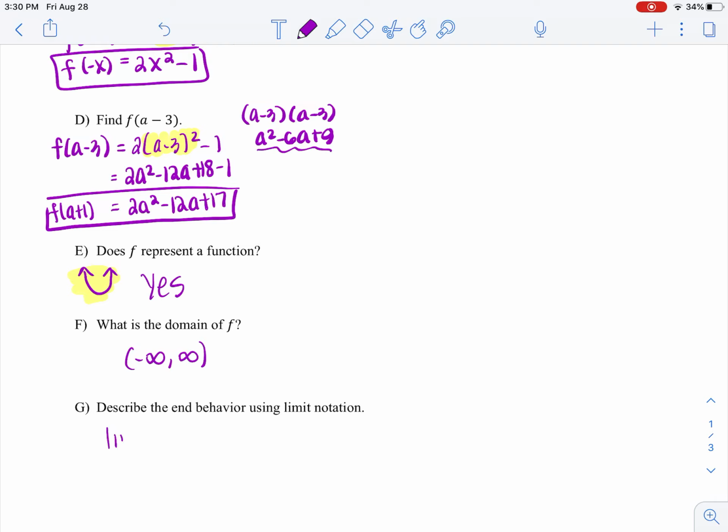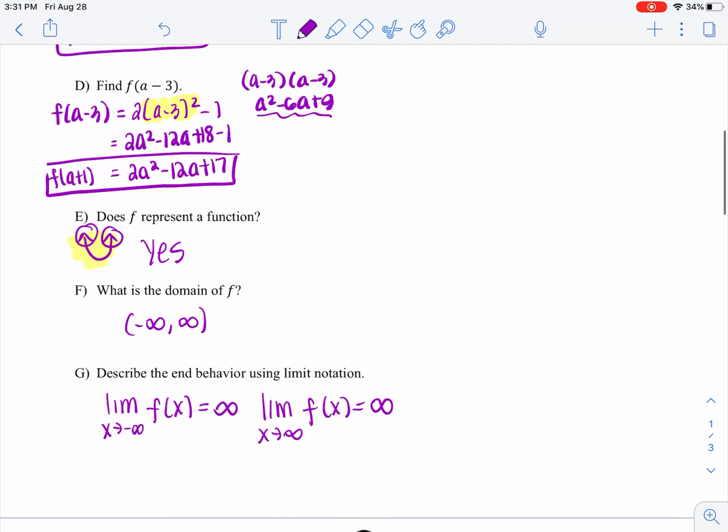So the limit as x approaches negative infinity of f of x is equal to, as my x values get smaller, it's going up, so positive infinity. The limit as x approaches positive infinity of that function equals, as my x values are getting bigger and bigger, so are my y values, so infinity.